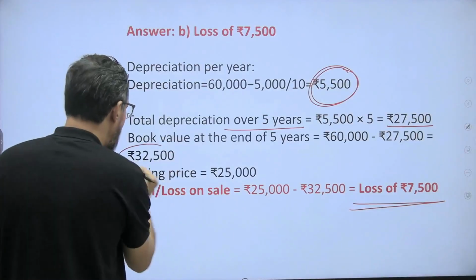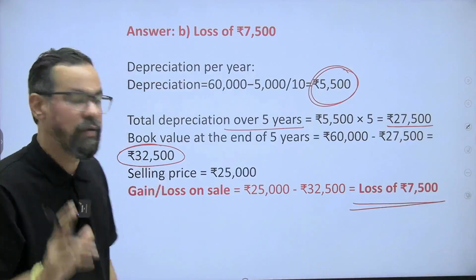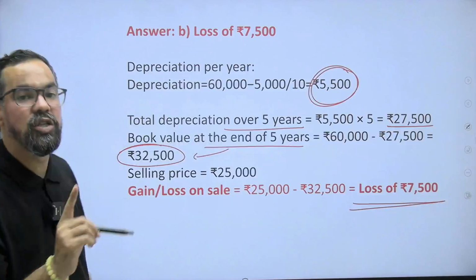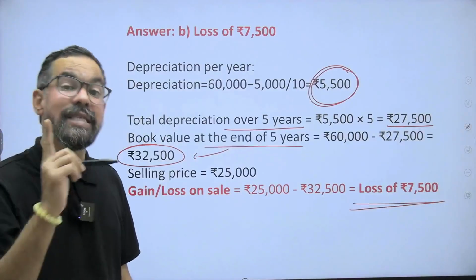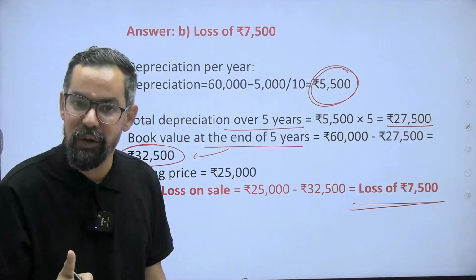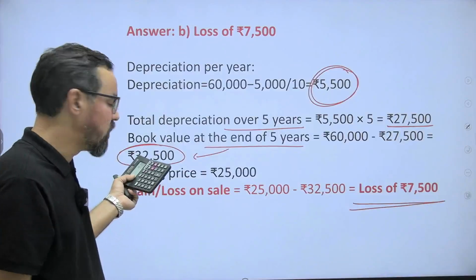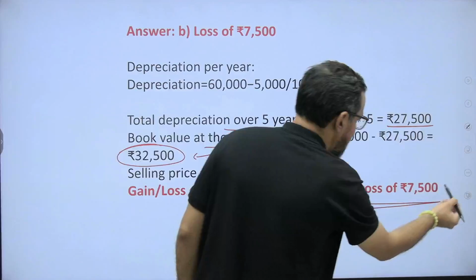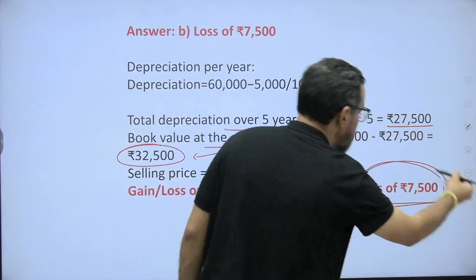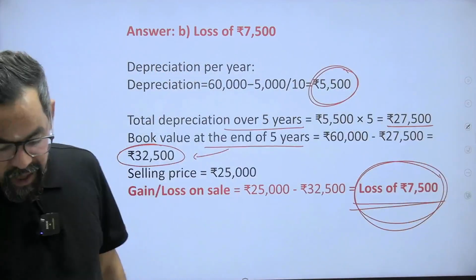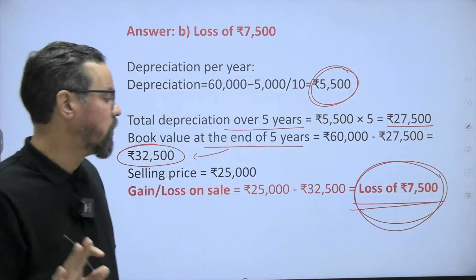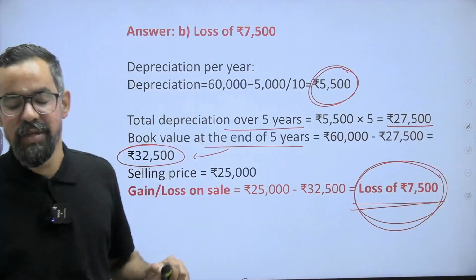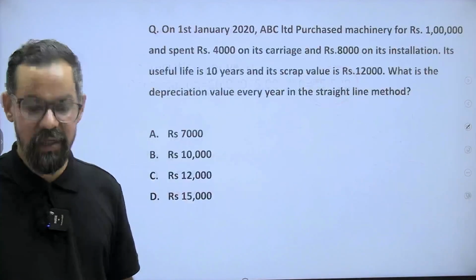So the value of this asset at the end of the 5th year is how much? 32,500, and you are selling that asset for 25,000. So 32,500 minus 25,000 reaches 7,500 in negative. So we made a loss of rupees 7,500 after selling this asset. Understood? Very simple calculation mathematics, and you all know about this.